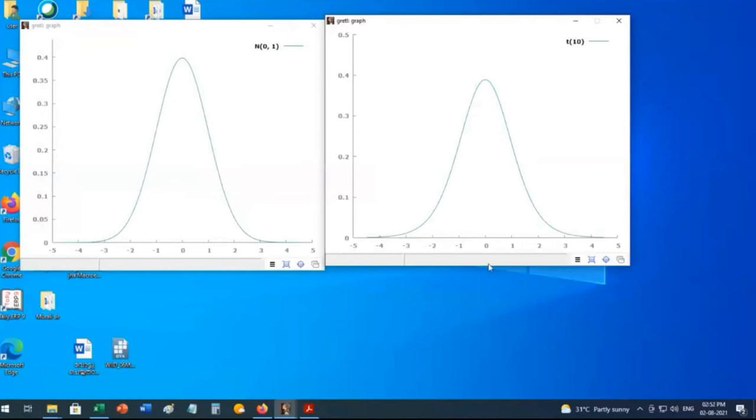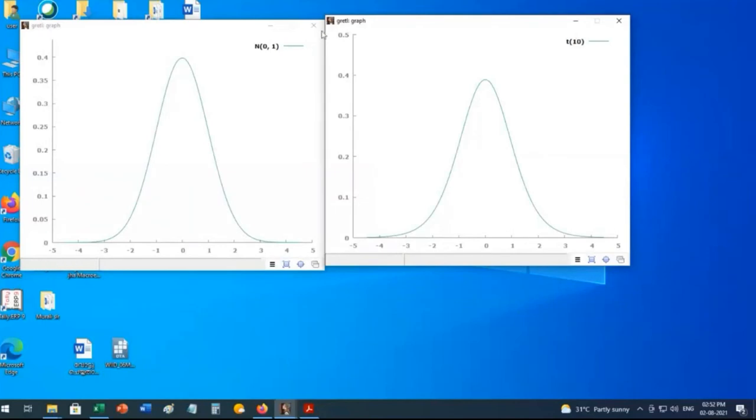See, compared with the normal distribution, the T distribution has a very high tail. Here we have the high tail. Then the peakedness also is less compared with the normal distribution.